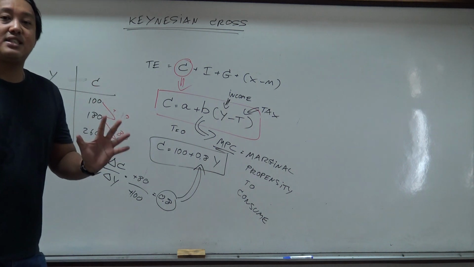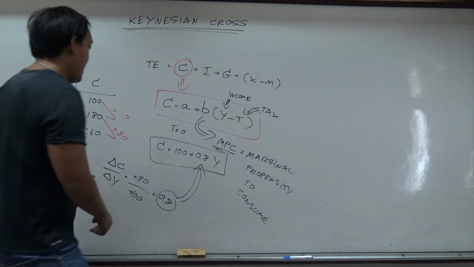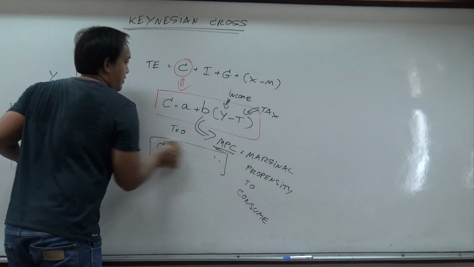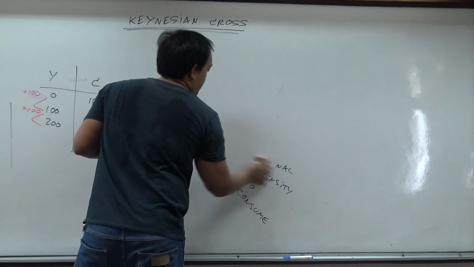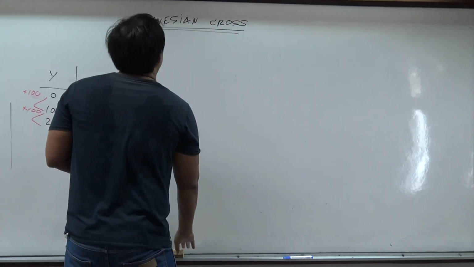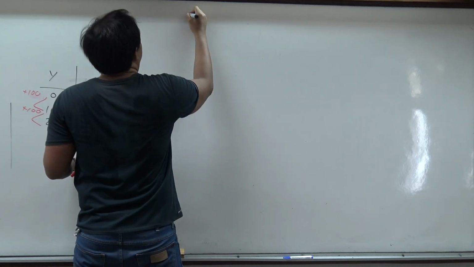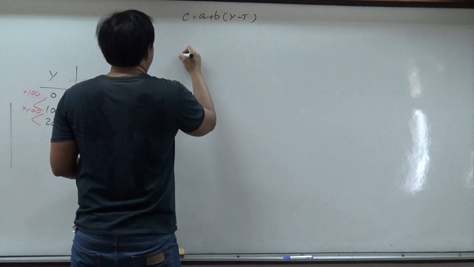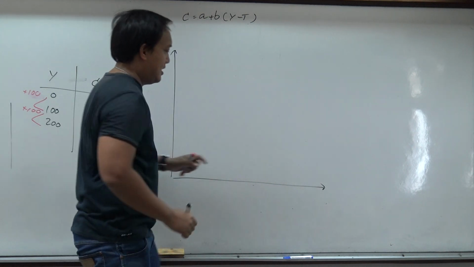So this is the consumption equation. Then we're going to use this one to plot the graph. C equals A plus B, Y minus T. The graph is going to look like this.